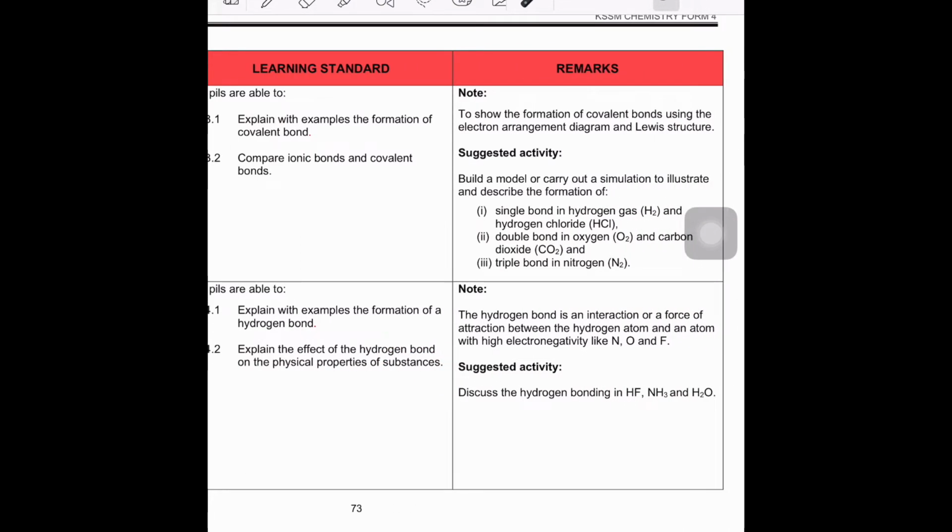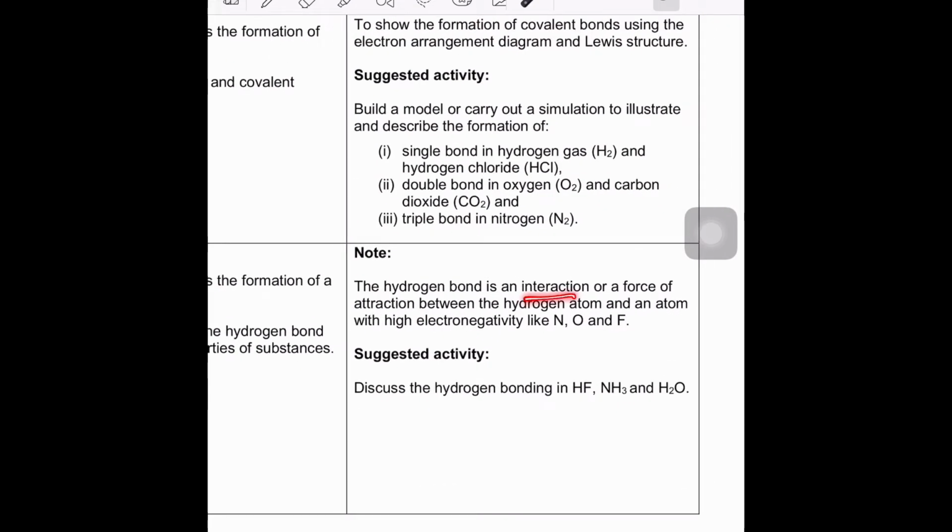Okay, so there are a few remarks that we need to take note of here. Hydrogen bond is an interaction or a force of attraction between hydrogen atom and an atom with high electronegativity like N, O, and F. Ini adalah nota yang you have to tekankan di sini. Ikatan hidrogen adalah interaksi ataupun daya tarikan antara atom hidrogen dengan atom-atom lain yang mempunyai electronegativity yang tinggi.